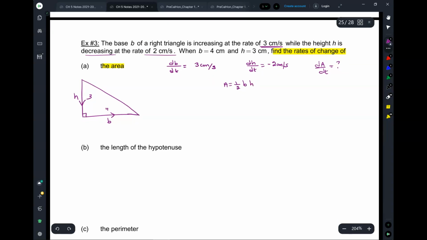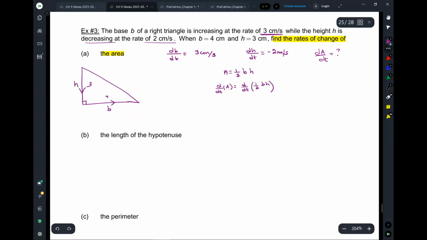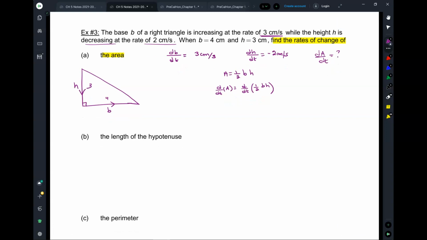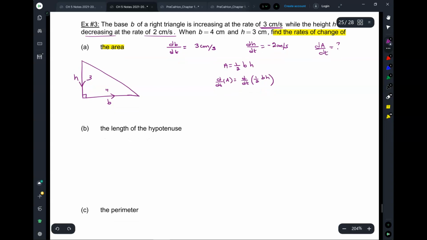Okay, so let's take a derivative then. dA/dt, so d/dt of A is d/dt of half BH. How do you know that dB/dt is 3 centimeters? It told me somewhere here. The base is increasing at a rate of 3. So half is a constant. I'm going to move it to the front. So dA/dt is half d/dt of BH.